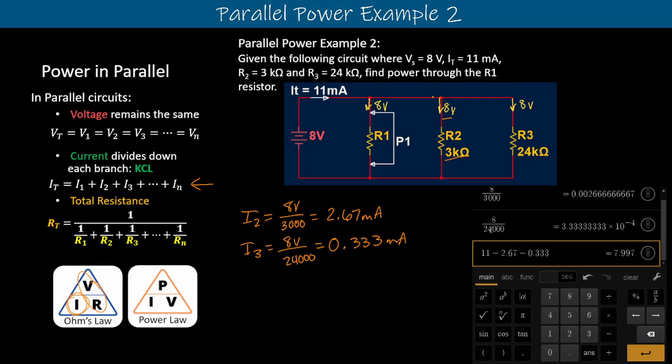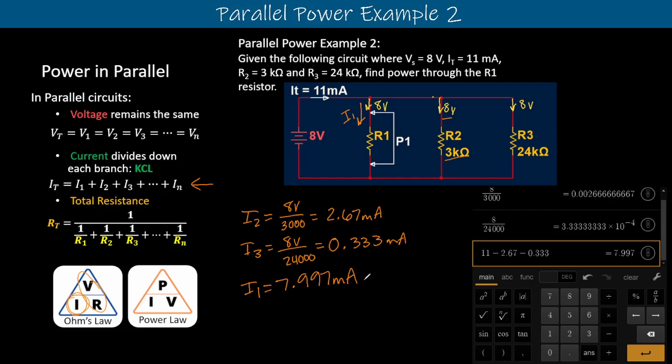Right, we're left with a really large current down that branch, which means that that R1 resistor is probably pretty small in comparison to these other two. So our I1, the current down this other branch, I1, is equal to 7.997. Right, it's almost 8 milliamps, mA.